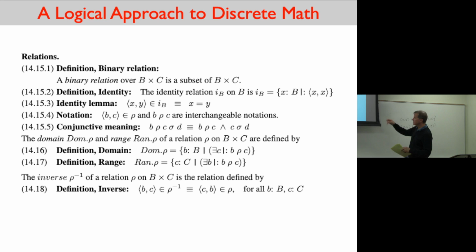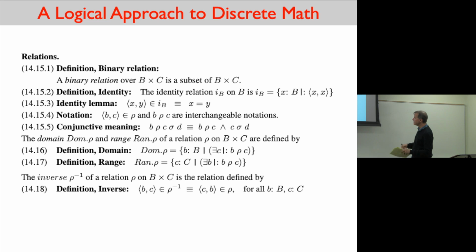We did the definition of a binary relation, and the identity relation, we looked at that definition. And 14.15.3, you're proving for me, and you can now give that to me tomorrow.